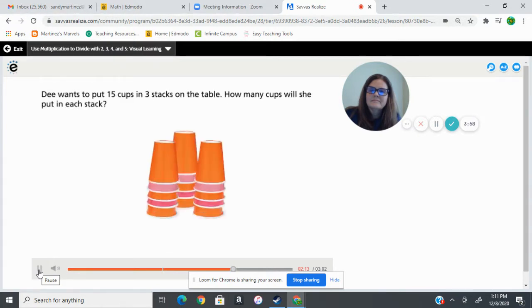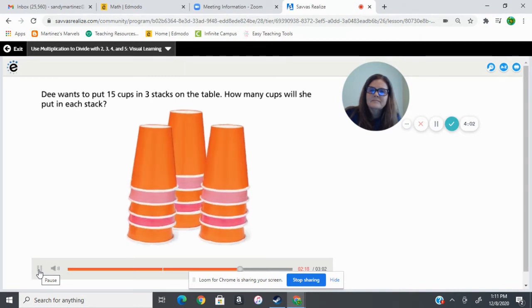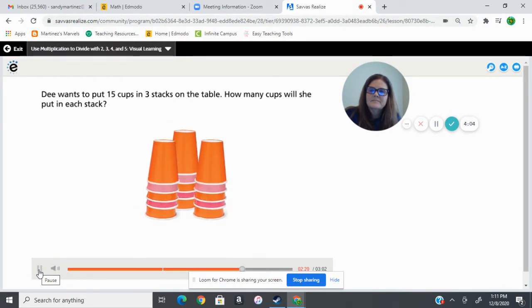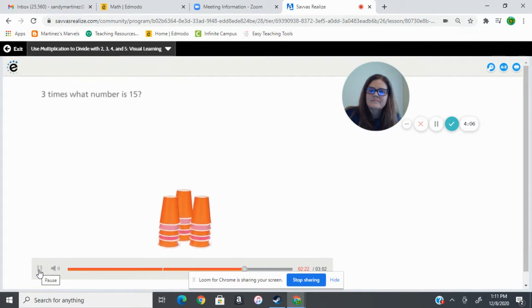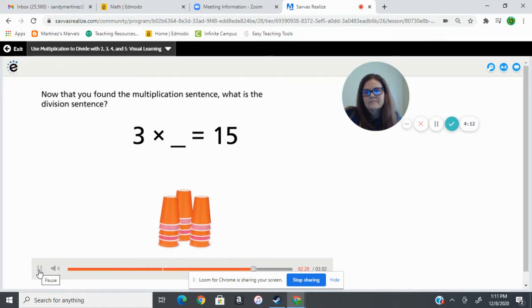D wants to put 15 cups in 3 stacks on the table. How many cups will she put in each stack? 3 times what number is 15? Now that you found the multiplication sentence, what is the division sentence?